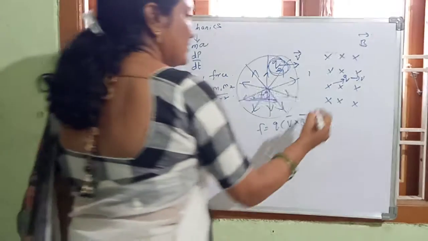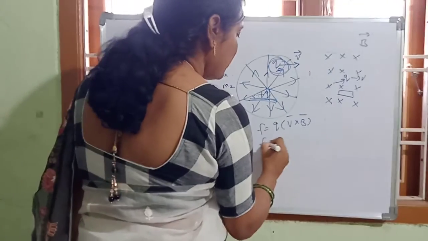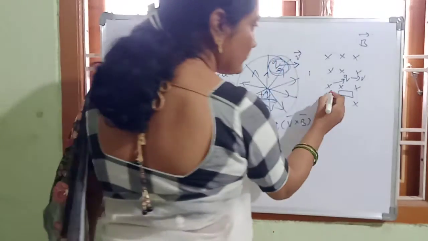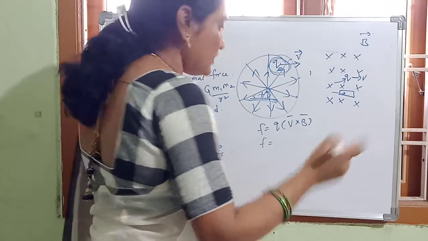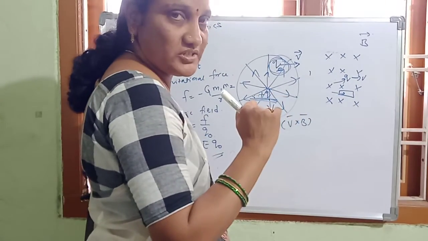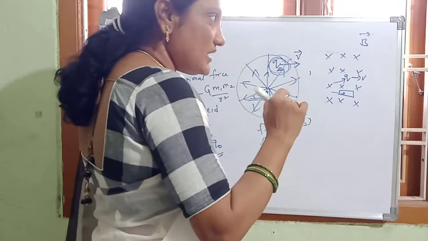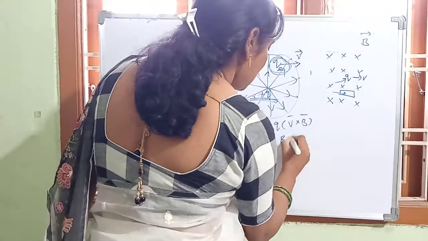Similarly, if we consider a conductor carrying current in the magnetic field, we can write F is equal to BIL sin theta, where I is the current flowing through the conductor, L is the length of the conductor, and B is the magnetic field applied.